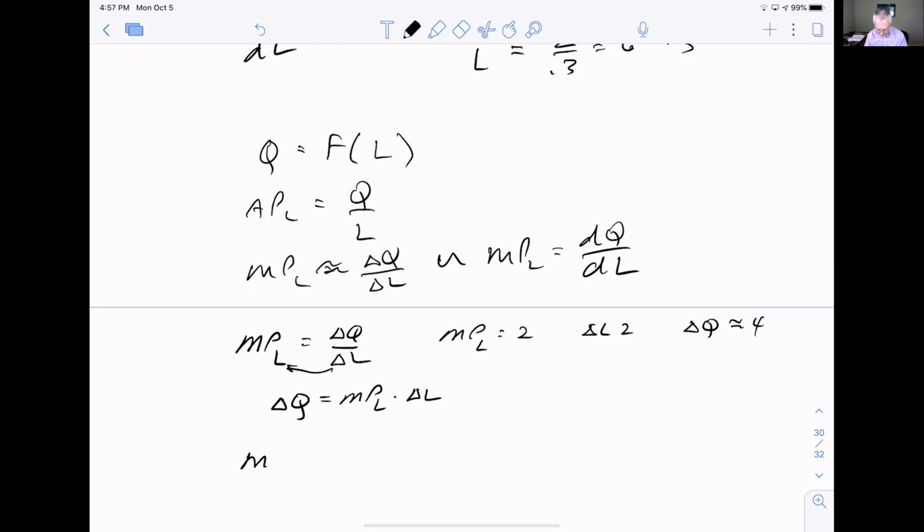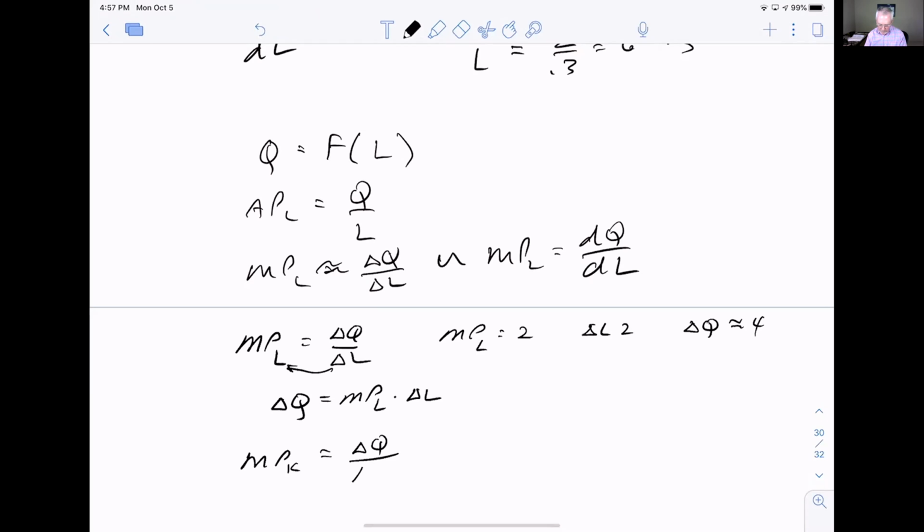Now I also have the marginal product of capital, which is defined as delta Q over delta K, which tells me then, doing the same rearrangement, that all else equal, delta Q will be equal to the marginal product of capital times the change in capital units. So that if the marginal product of capital was, say, 6, and I added 1 unit of capital, I would expect that unit of capital to get me 6 additional units of output.